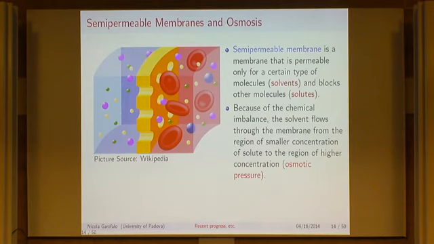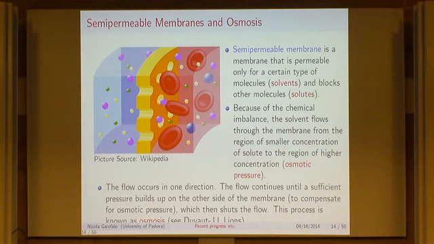Due to chemical imbalance, the solvent flows through the membrane from the region of smaller concentration of the solute to the region of higher concentration. This is called osmotic pressure. The flow occurs only in one direction and continues until a sufficient pressure builds on the other side of the membrane to compensate for osmotic pressure. At that point, the flow shuts off.